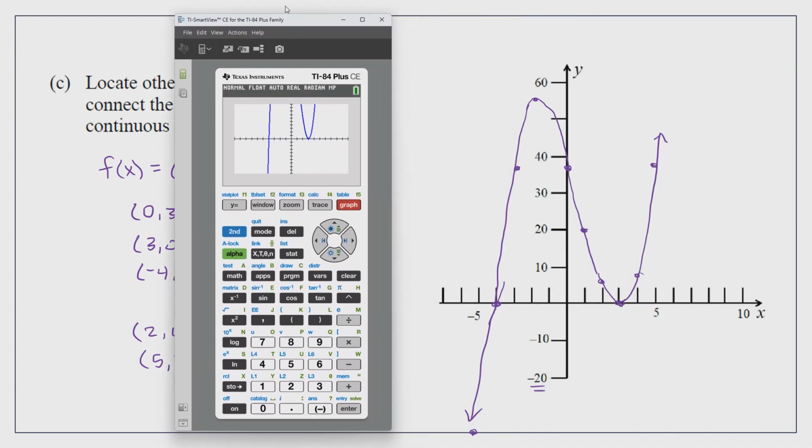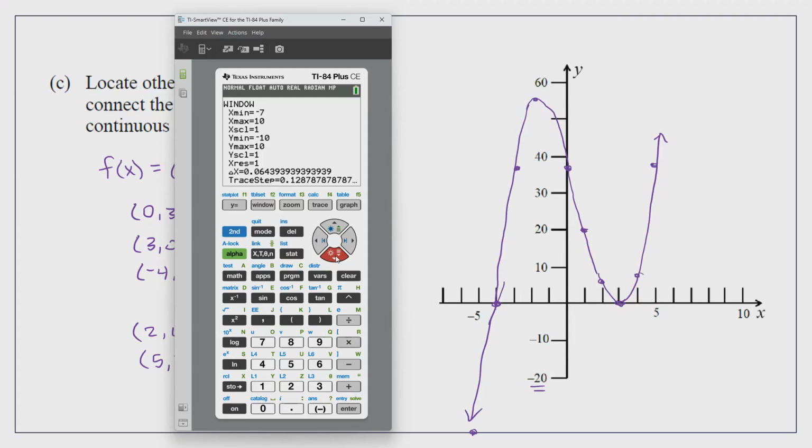So what we're going to do is go into our window, and we want our window to match what we see here. So our x min is going to be -7. Our x max is going to be 10, so we'll leave that. It goes by a scale of 1. We'll leave that.